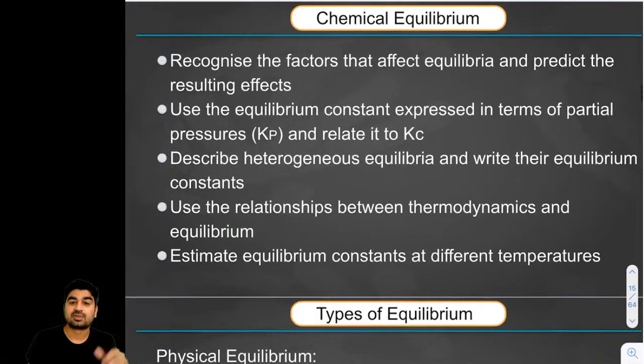Now I'm talking about the things which we are going to cover in the next few days. And the next point is, you will be able to recognize the factors that affect equilibrium.